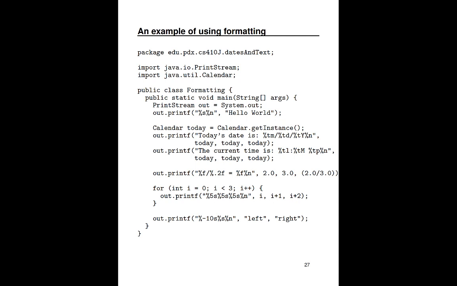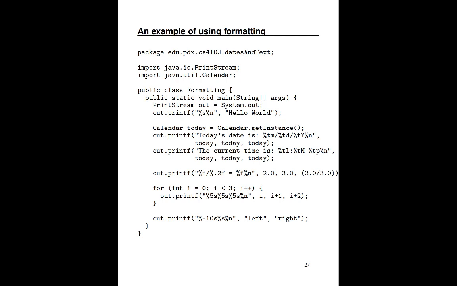Next is an example of formatting numbers. So here we say %f for floating point, and then we say / for divide, and then %.2f saying that we want to format a floating point number with 2 decimal places. And then it'll equal, well, some other double formatted as a floating point. And we pass in the arguments 2.0, 3.0, and then 2 divided by 3.